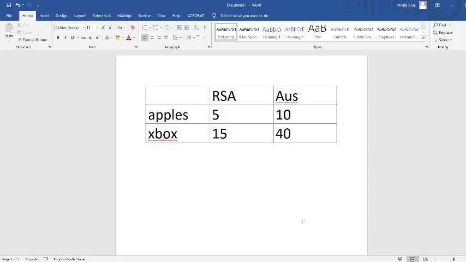We will assume that what's in the brackets is that every one worker produces 5 apples in South Africa, or every one worker produces 10 apples in Australia, or every one worker produces 15 Xboxes in South Africa, or every one worker produces 40 Xboxes in Australia.